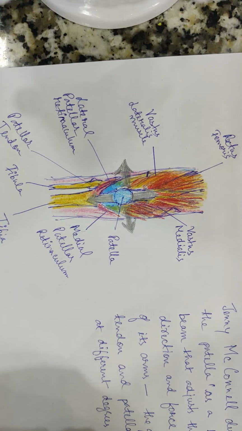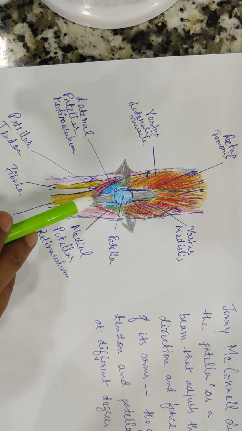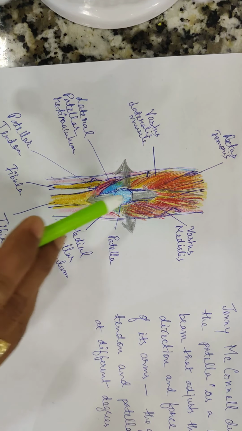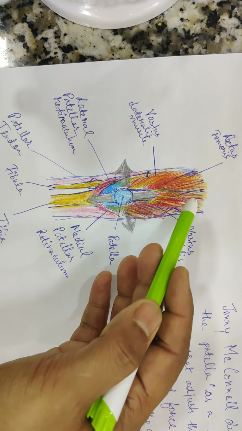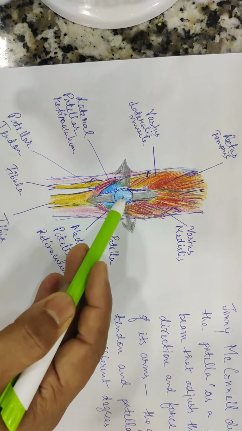Now it describes a balance beam that adjusts the length and direction of force of each of its arms, that is the quadriceps muscle when it forms the quadriceps tendon, and in between is the patella.